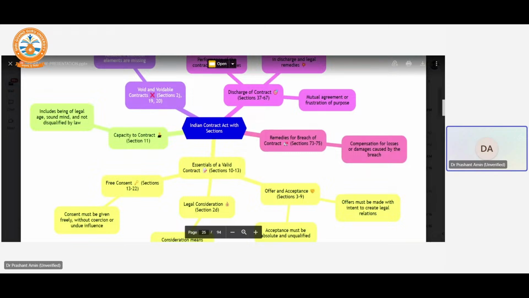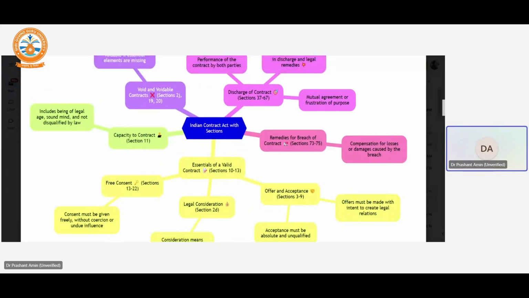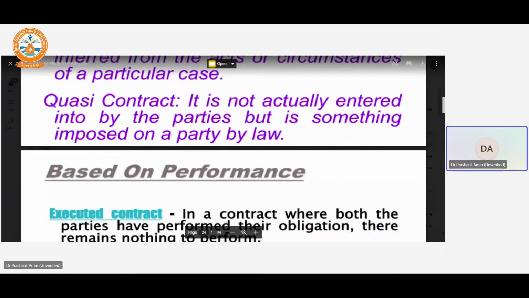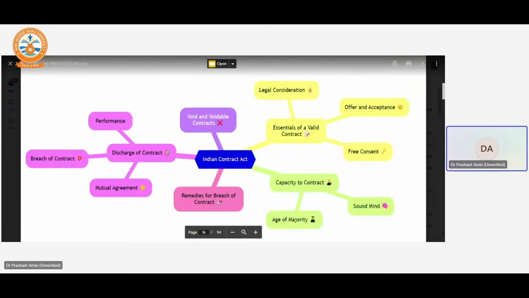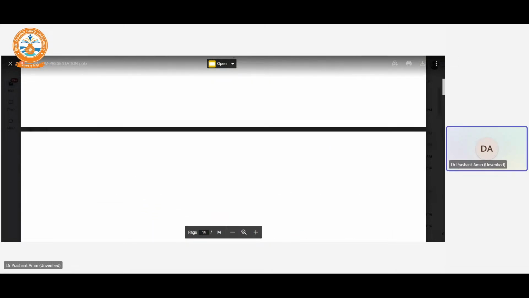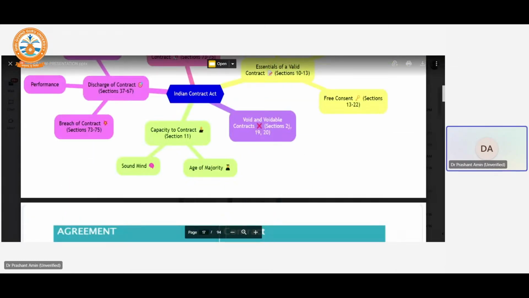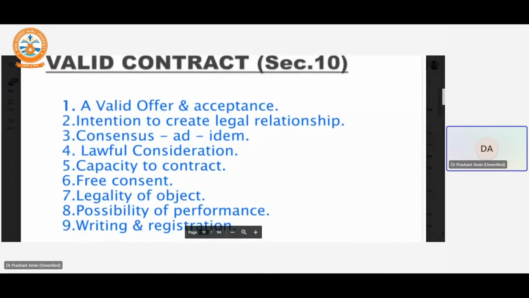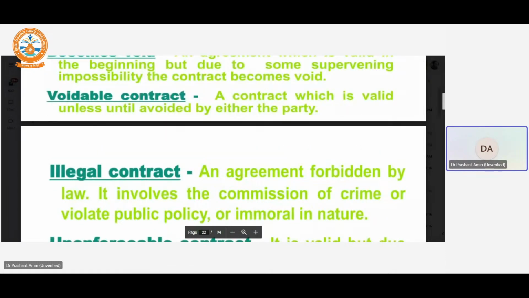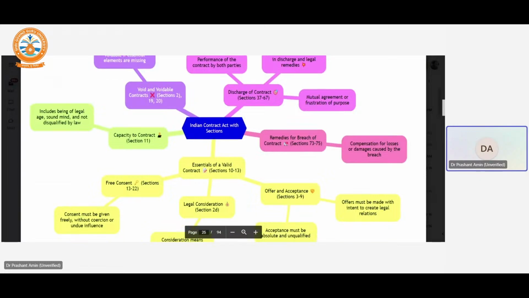If you look at the essentials of the valid contract, that is covered under section number 10, which we have seen, right? If I go back to the slide, essentials of the contract, under section number 10, we have seen this essential element of the contract, and this much is covered, right?